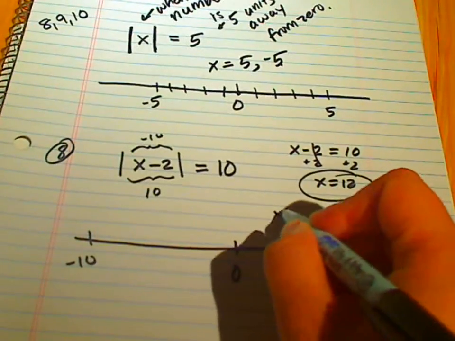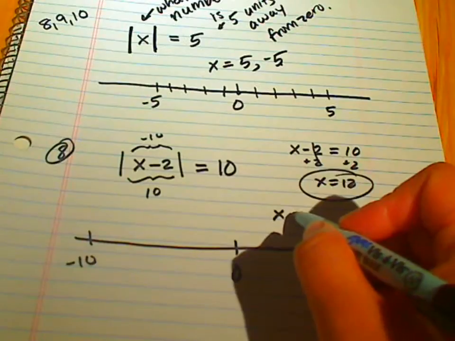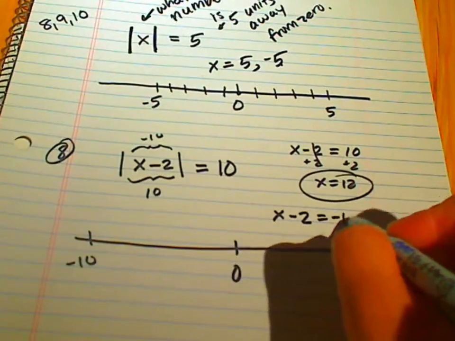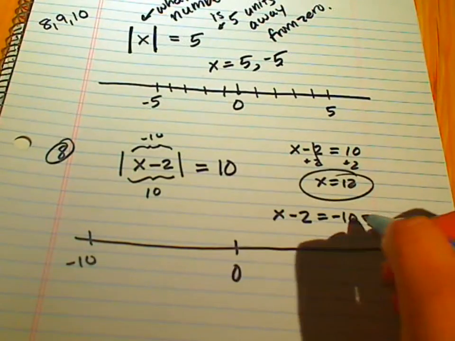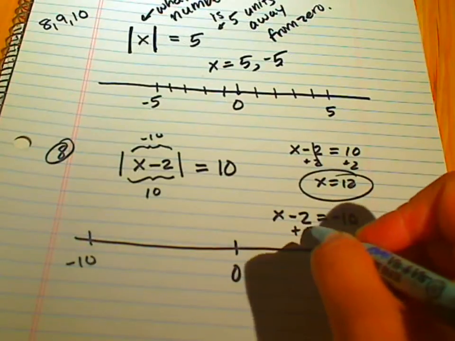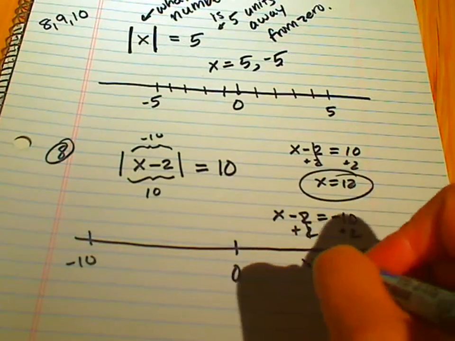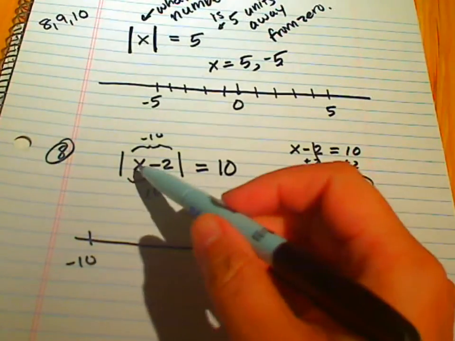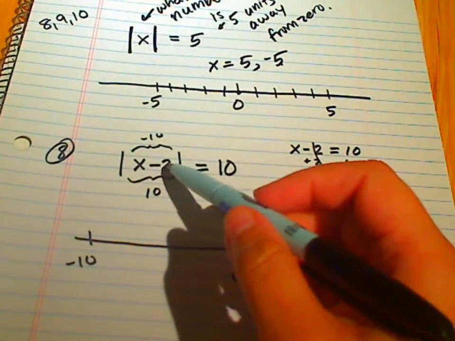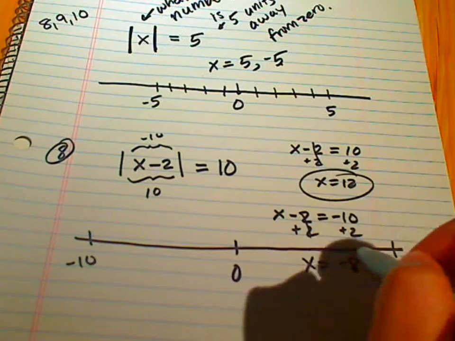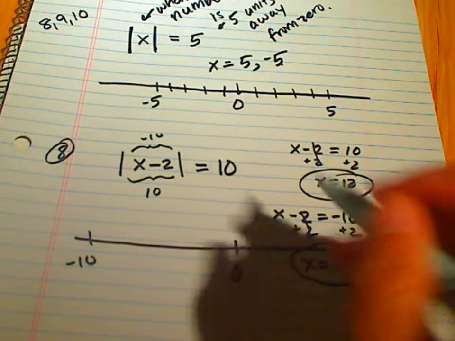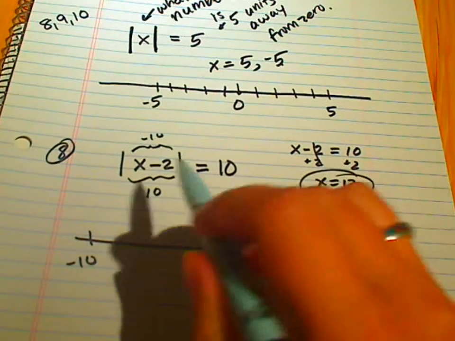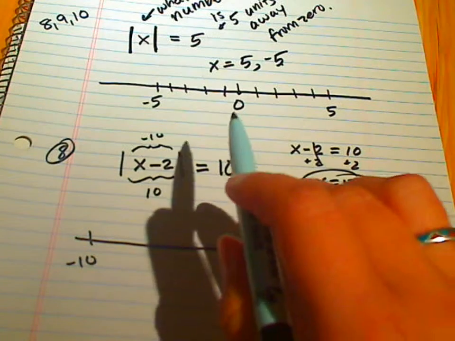The other thing is if I went to the other side on the number line and did x minus 2 equals negative 10, there's a number that will give me negative 10. If I add 2, x equals negative 8. And if I plug that in, negative 8 minus 2 is negative 10. Absolute value is positive 10. So there are actually 2 solutions along the number line that will give me a positive 10.